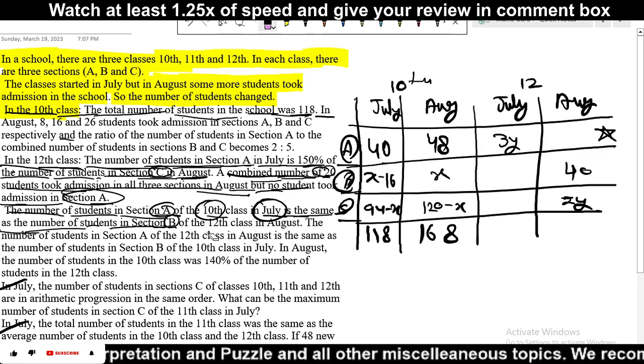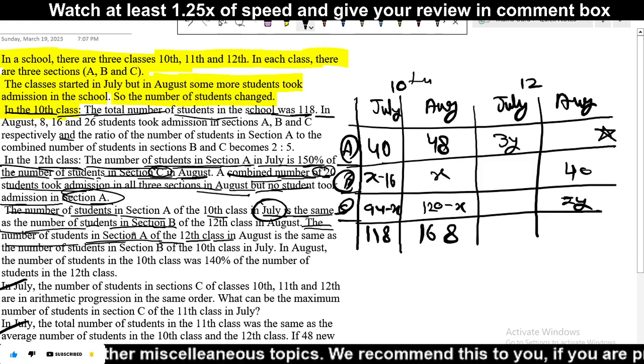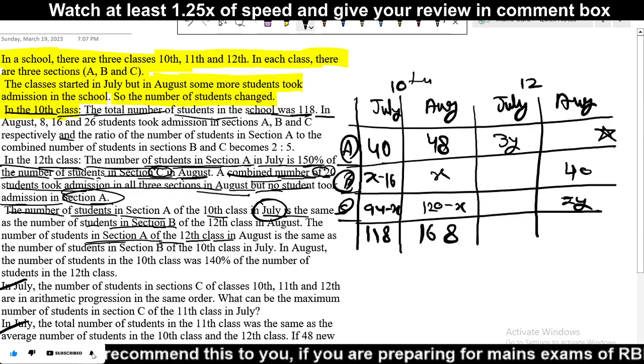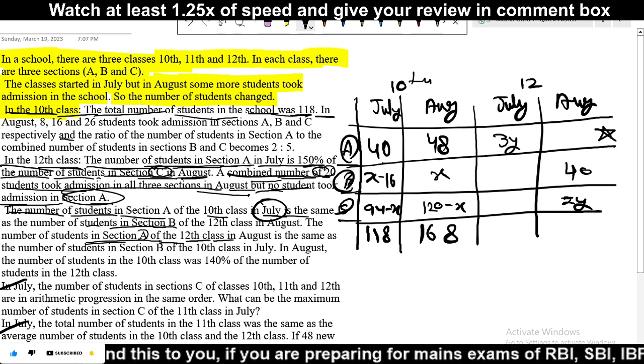Okay, now read the question again, because if we skip even one piece of information, then our question can be wrong. The number of students in section A in 12th class August. A 12th class August.